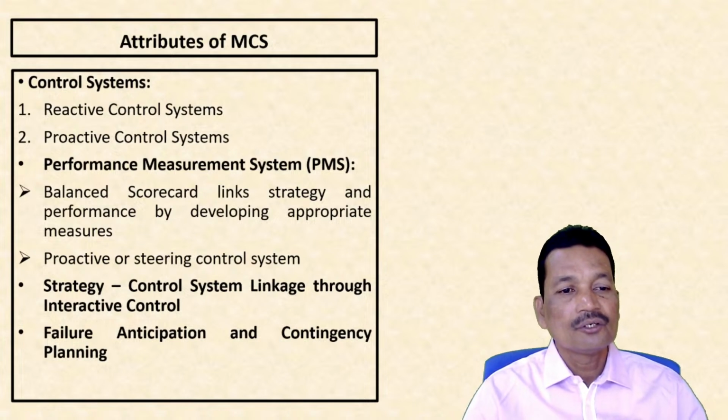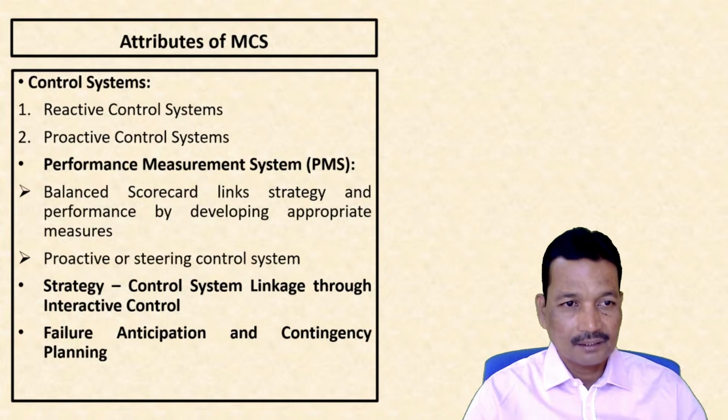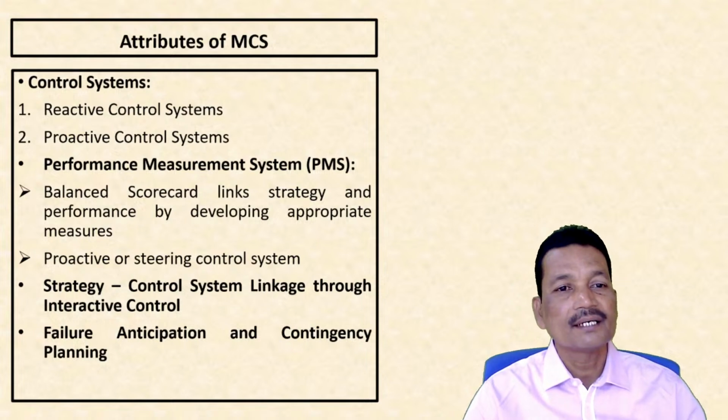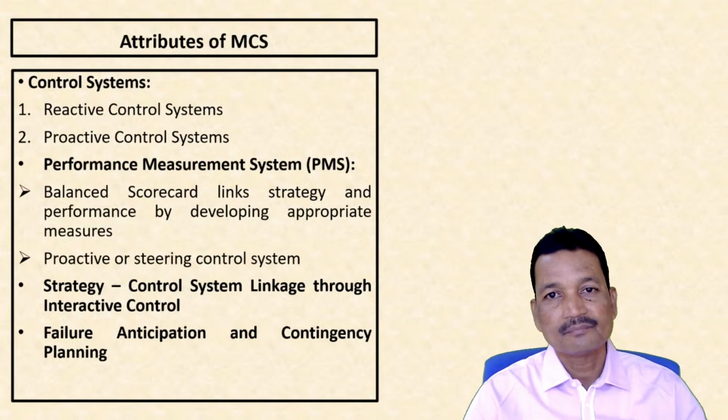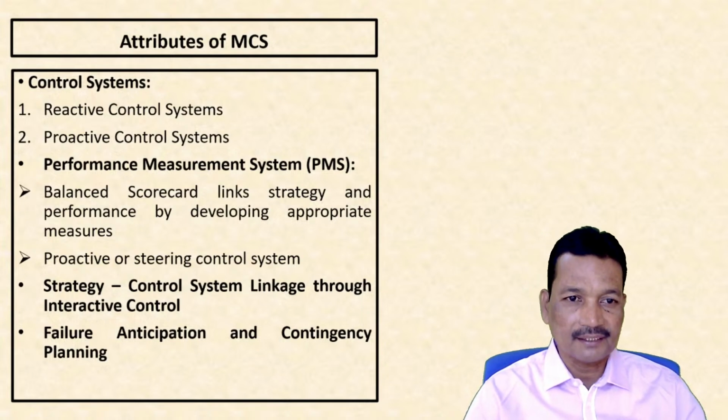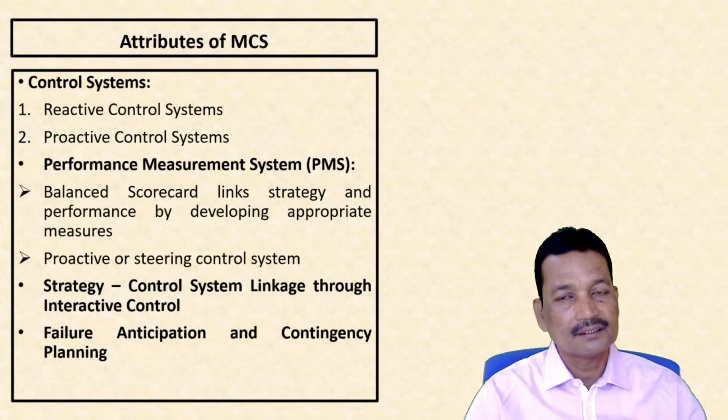Now, the second thing that we shall discuss in attributes is the performance measurement system. That means every control system, that is MCS, should have a PMS, that is performance measurement system.